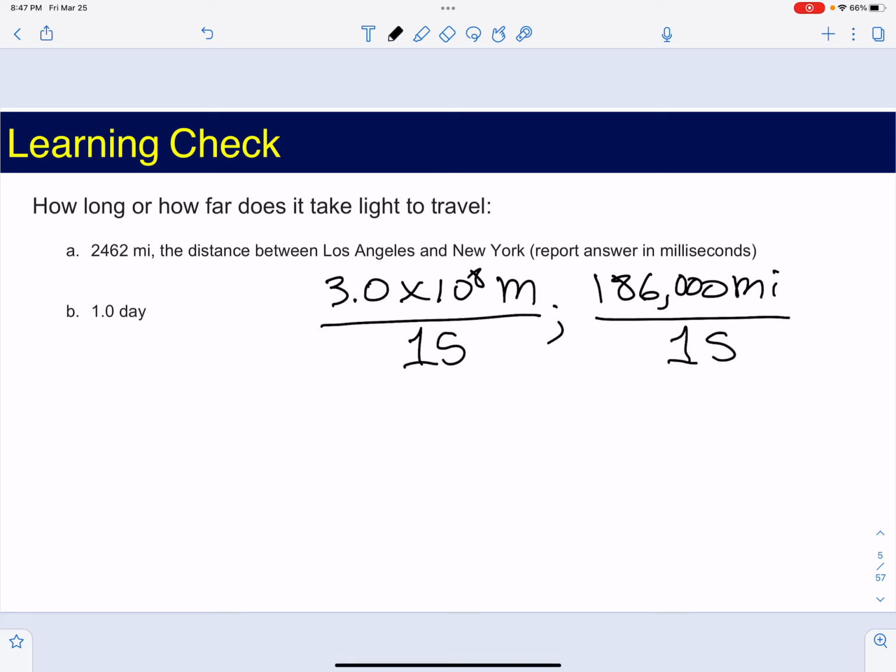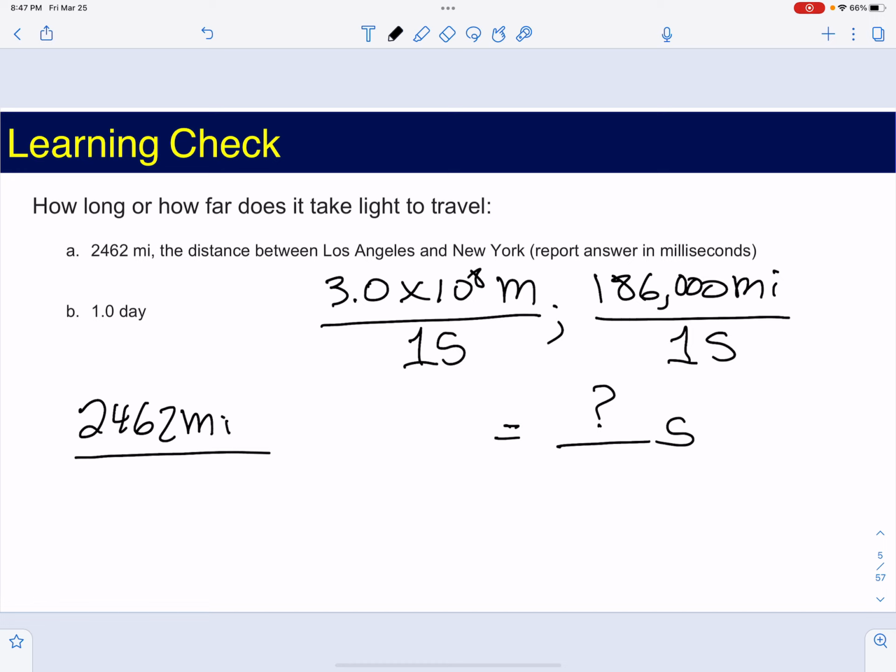So on this particular problem, we have 2462 miles, and we want to know how long it takes to travel. So we want to know how many seconds it will take. So all we do, we just set up a train track, just like we have learned before, right? We do not want the miles, so the miles goes at the bottom because we want the seconds. And that's going to be 186,000 miles for every 1 second.